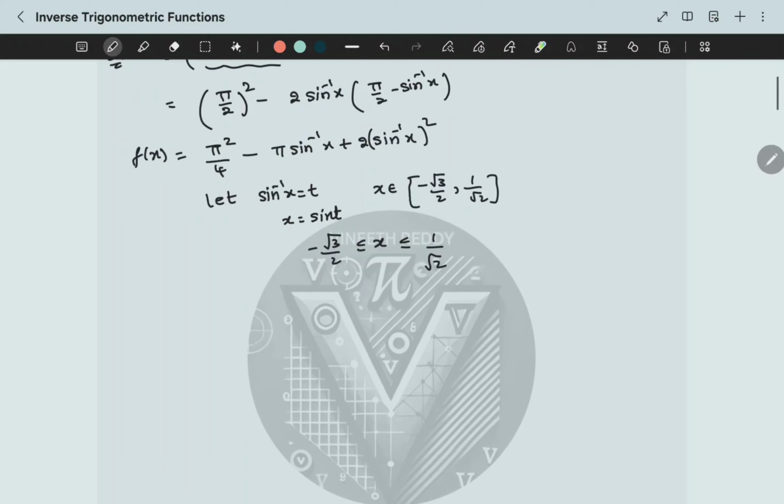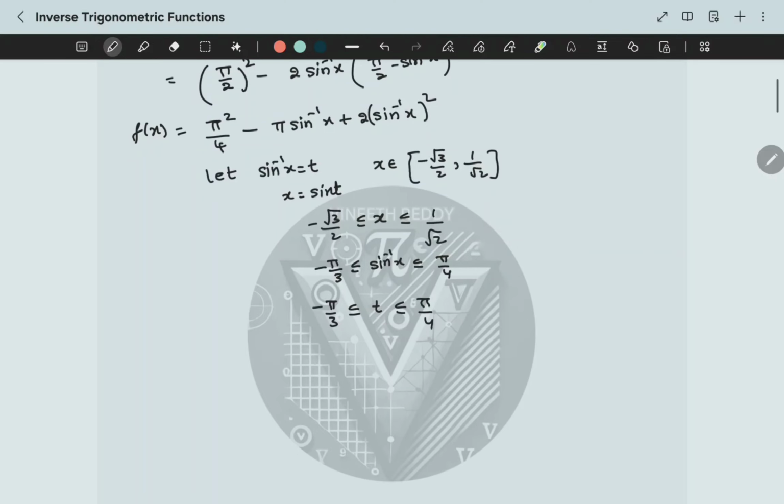Since sine inverse x is an increasing function, if I apply sine inverse throughout the inequality, sine inverse of minus root 3 by 2 is minus pi by 3 and sine inverse of 1 by root 2 is pi by 4. That means minus pi by 3 is less than or equal to sine inverse x, which is t, less than or equal to pi by 4. Therefore t can only take values from minus pi by 3 till pi by 4.